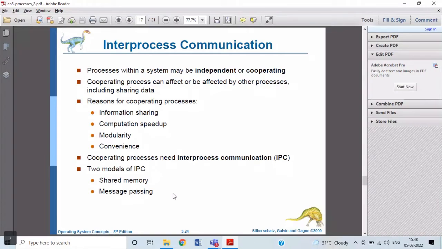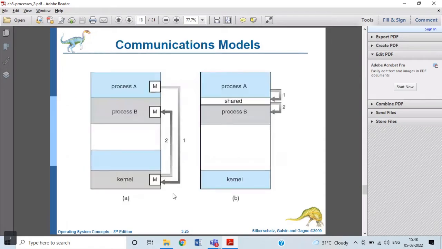Inter-process communication is communication between two or more processes. The two models of IPC are shared memory and message passing. In the shared memory model, process A and process B both share a single memory.